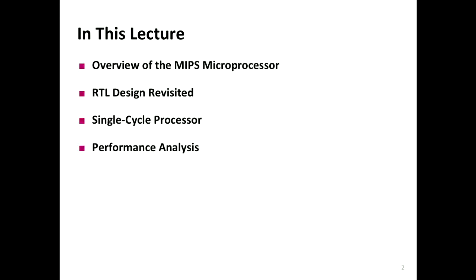So we'll see an overview of the MIPS microprocessor, what the microarchitecture is, how each instruction that we saw eventually gets fetched, decoded, executed, how you get back the results, and how the consequent instruction is executed, and how all these things are done in hardware.